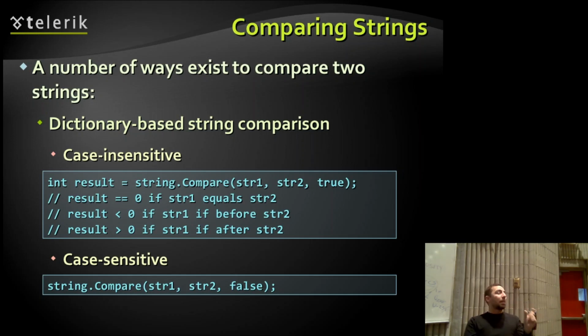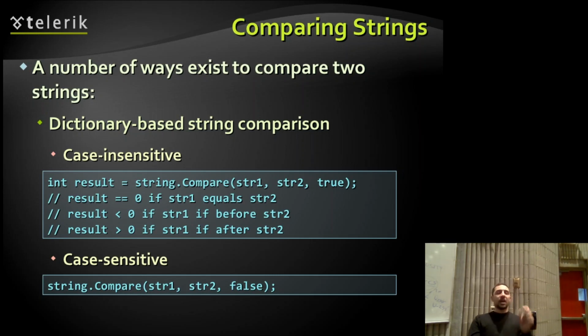But a capital A is a hex 41. A lowercase a is a hex 61. Or 65 and 97, I think, in decimal. So a case-insensitive search will treat those two letters as the same quantity, whereas a case-sensitive search will compare and say that capital letters are less than lowercase letters.